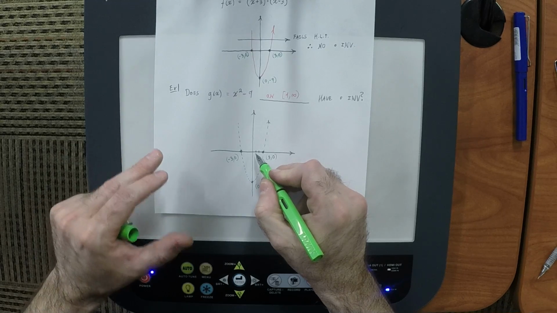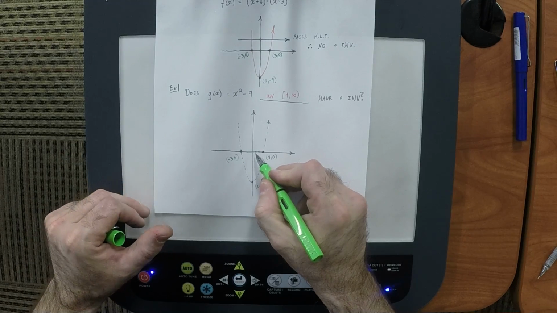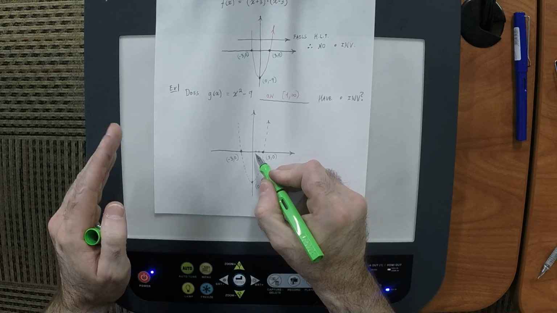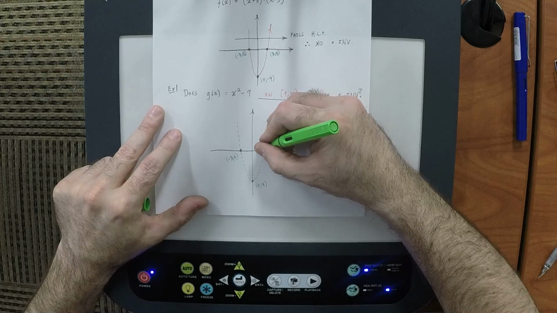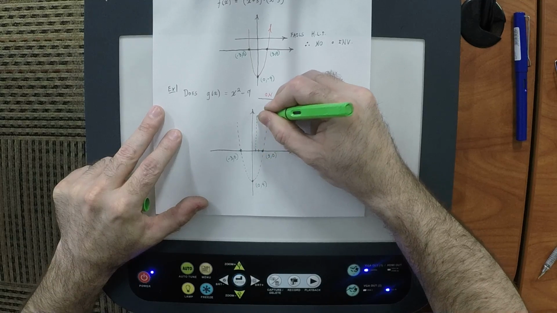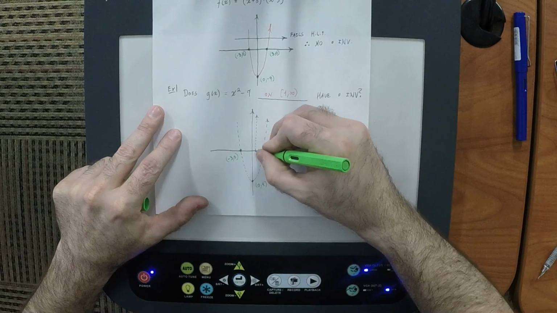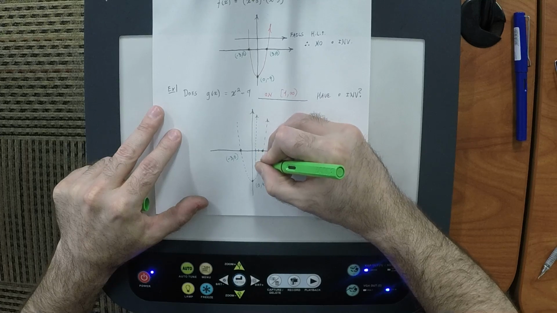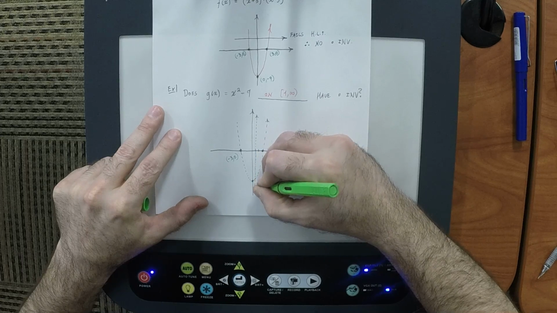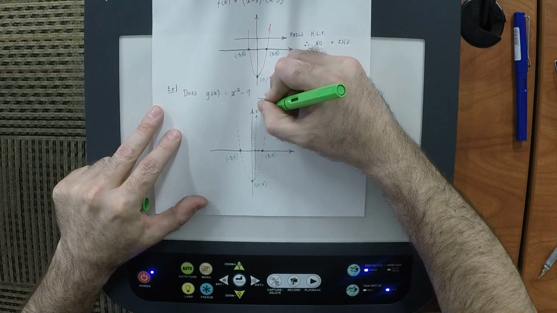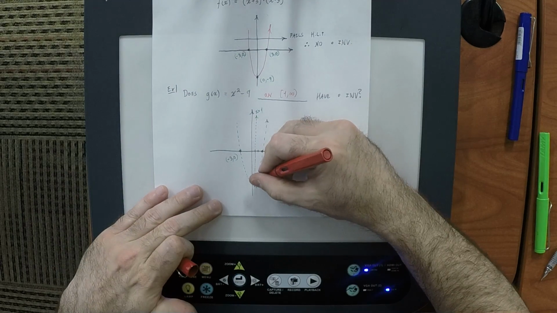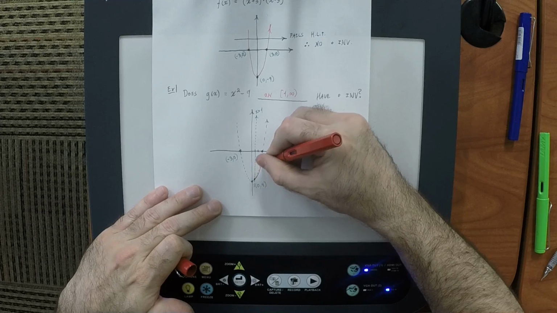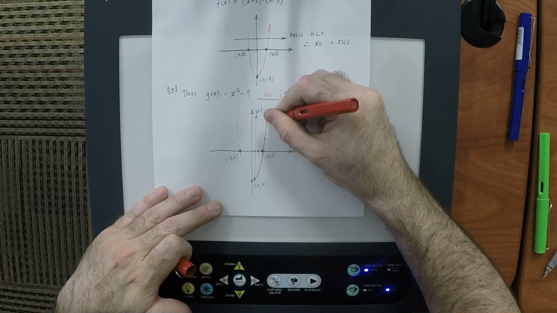So what is g then? It's everything to the right of x equals 1. So you can think of it like we took that whole red parabola up there, and we cut it at x is 1, and only took the piece that's on the right. And the question is still the same.